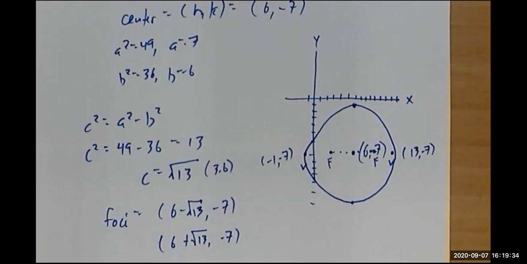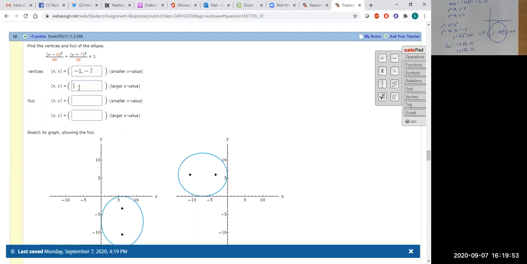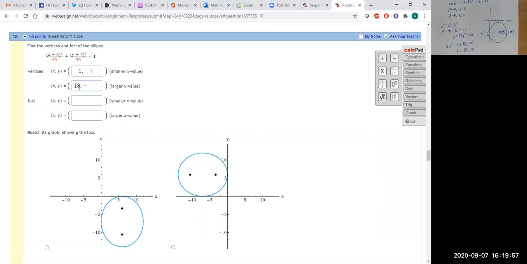Let's see if these answers are correct. So the smaller x value of the vertex, -1, -7. And then the larger vertex is 13, -7.